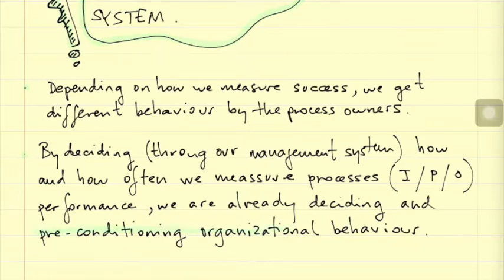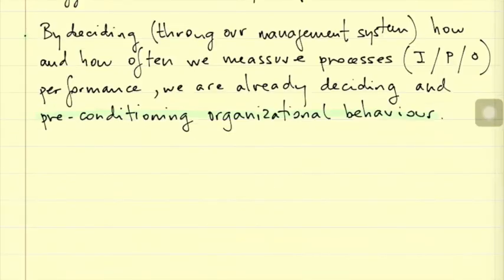Preconditioning organizational behavior. So there are, in fact, good and bad management systems for our organization. We just need to find out how we measure, how often we measure, and what we measure in order to get the best out of our organization.